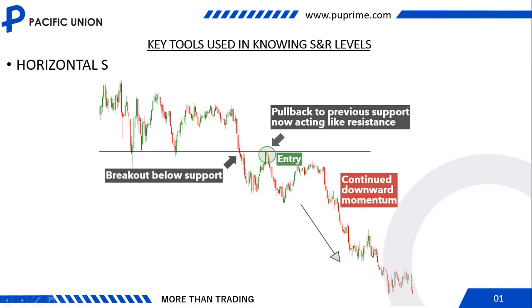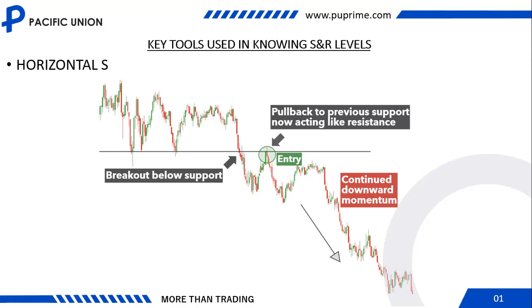So at this point, you could see that the market's situation has actually changed. The market was initially ranging just between this zone, between this rectangle as you have it. But when it broke through here, it tested it up here, and you could call it a pullback to the previous support. Now it is acting as your resistance zone.